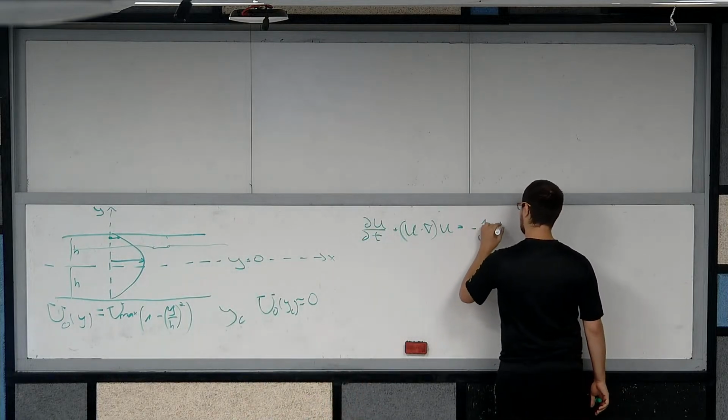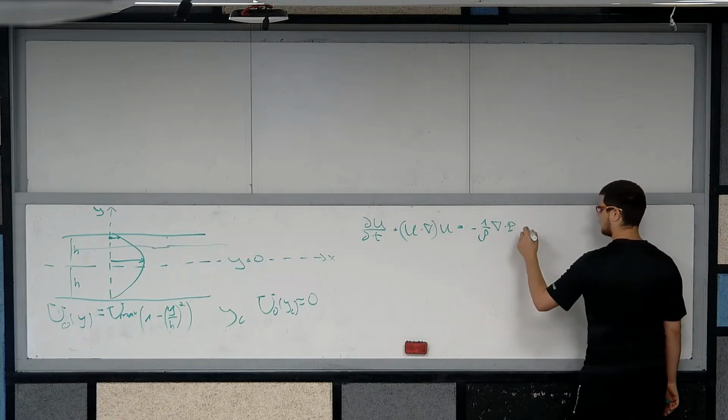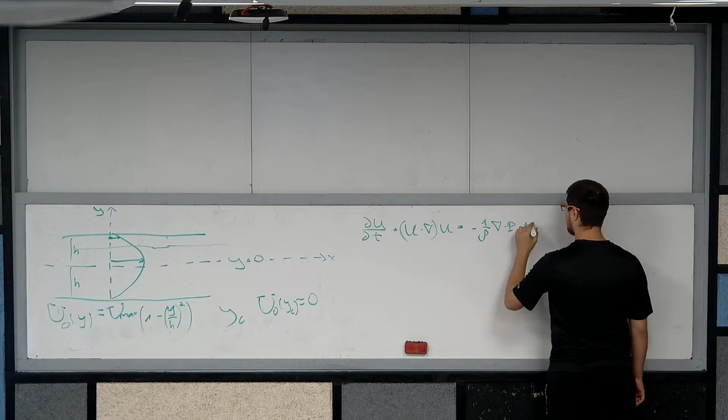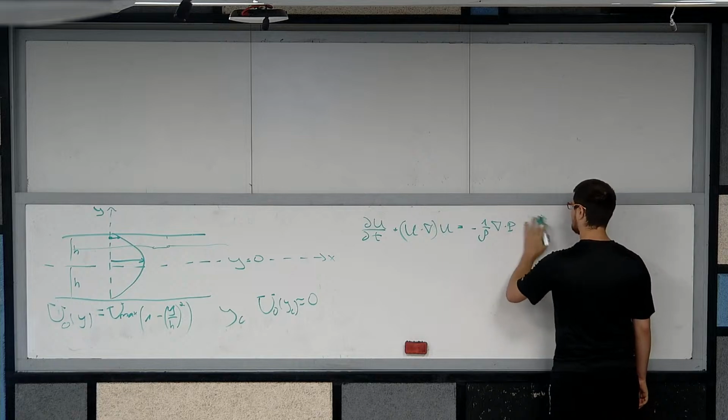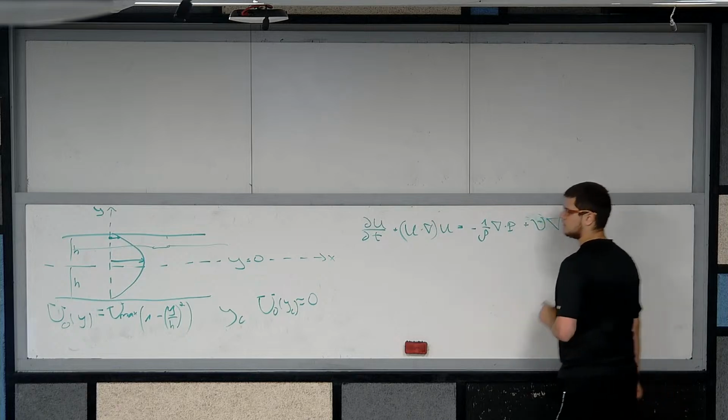Another one: the gradient of the pressure, plus mu, where mu is the viscosity coefficient, times the Laplacian of u.